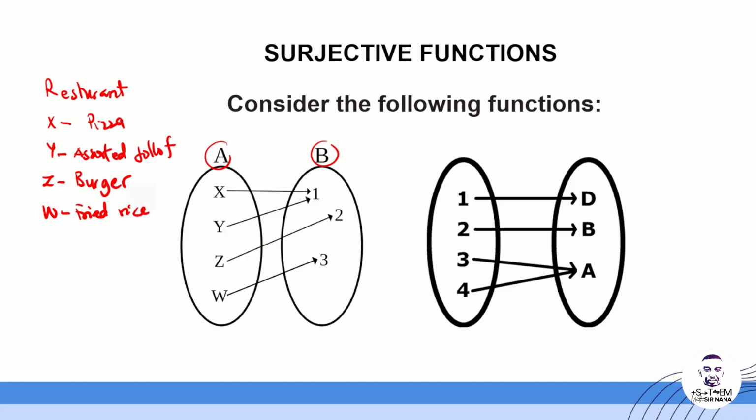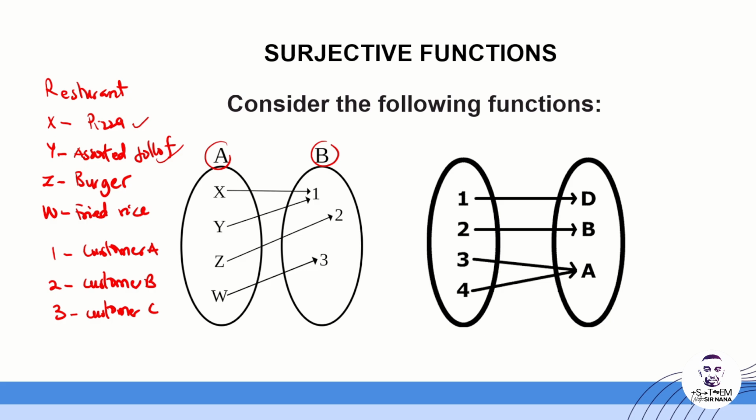Now, the 1, 2, and 3 represent customers or clients. Let's say 1 is customer A, 2 is customer B, and 3 is customer C. When we look at it, you realize that customer A, which is the 1, bought both pizza and assorted jollof.